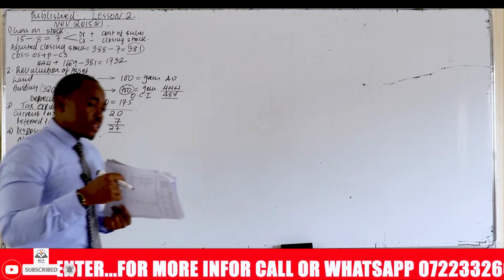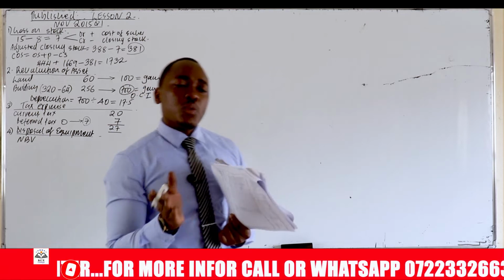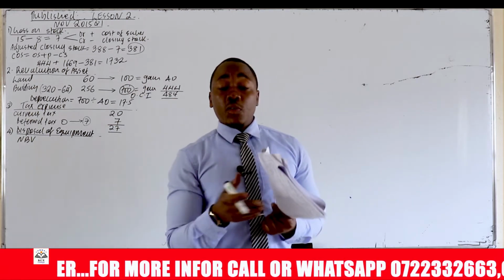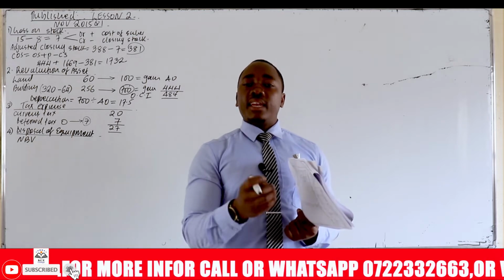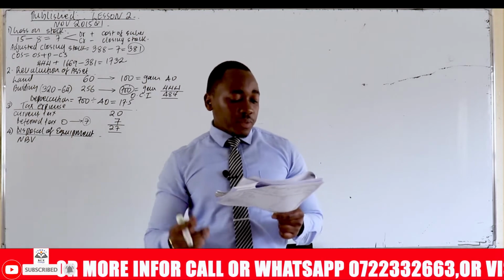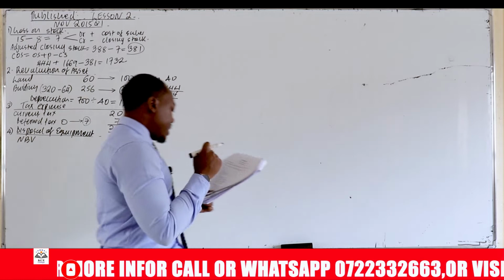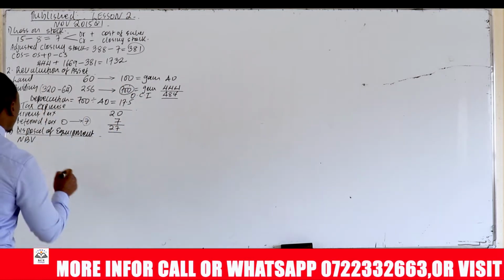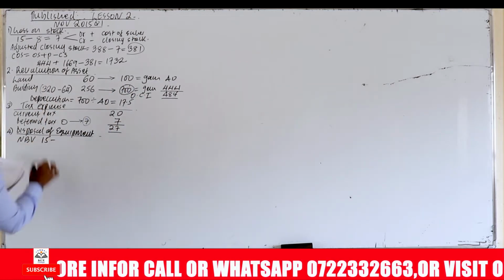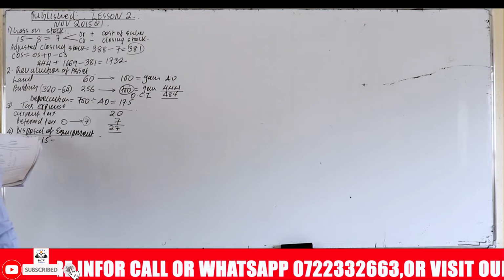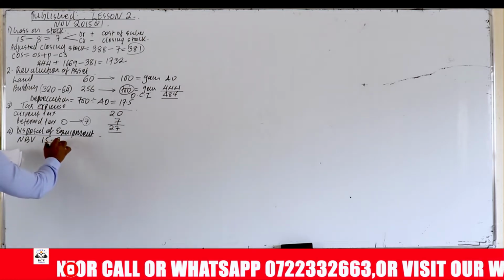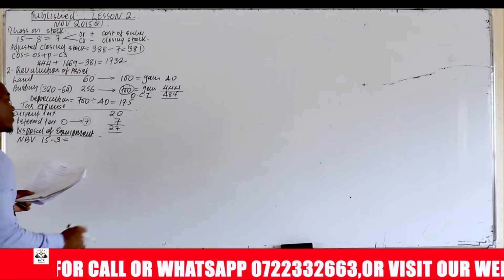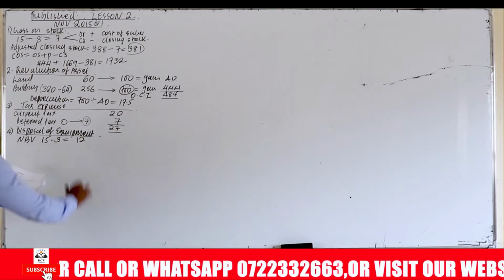If you dispose of an asset, you want to determine whether there was a disposal gain or a disposal loss. And how do you get that? You compare the disposal proceeds against the net book value or the carrying amount. The cost was 15, with accumulated depreciation of 3, so at the date of disposal, the net book value was 12.